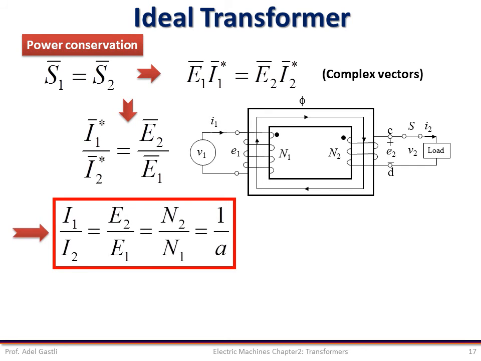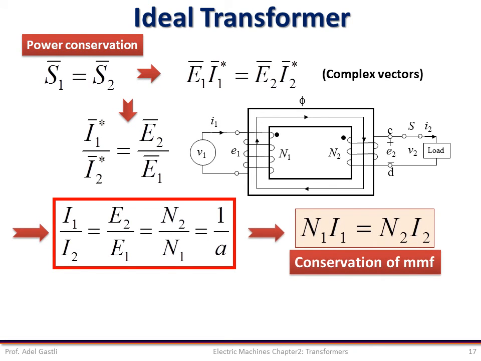Now, from this equation, we can deduce that the ratio of the primary current over the secondary current is equal to the ratio of the secondary voltage over the primary voltage, which is the same as the ratio of the number of turns N2 of the secondary winding over the number of turns N1 of the primary winding, which is actually the inverse of the turns ratio.